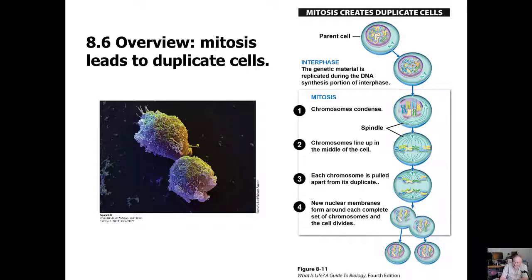We've been over this in lab. This is a fancy little graphic, but if you zoom to the end, we have 2 daughter cells. You know right there that it was mitosis that did that. This is for somatic or body cells.